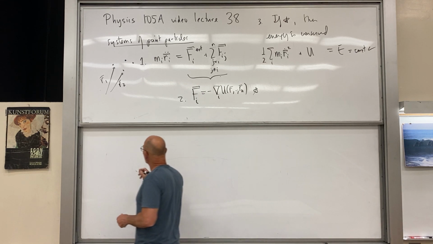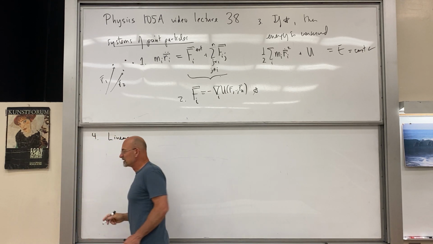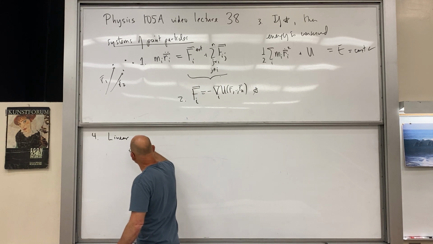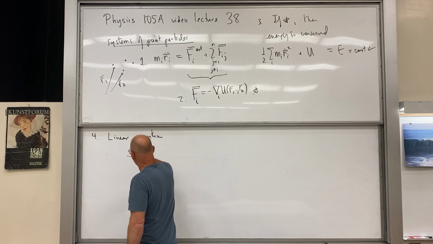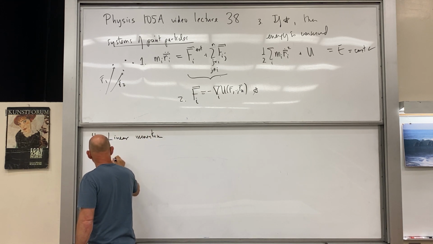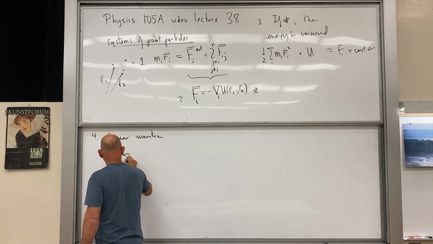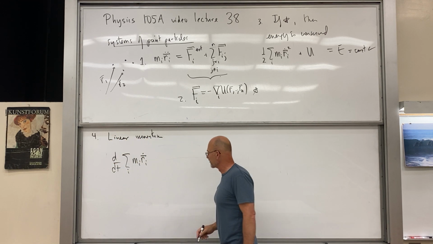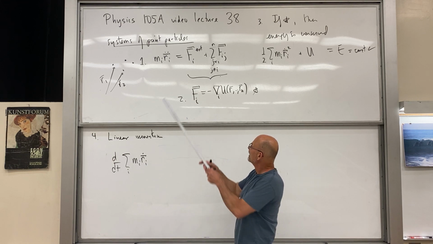So what we found was that if the net external force vanishes, linear momentum is conserved. And this is what we had: d/dt of the sum over m_i r_i first derivative. Of course, that was the sum over all of these things here.